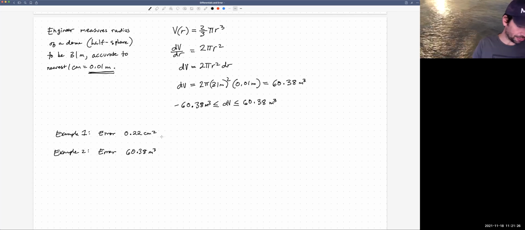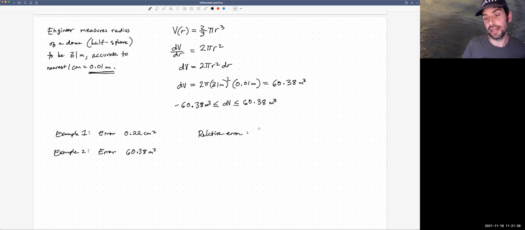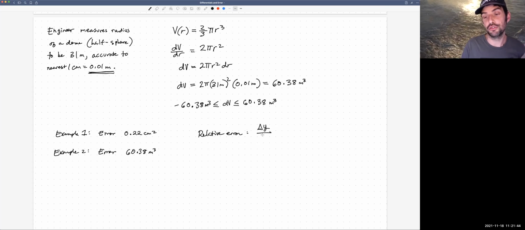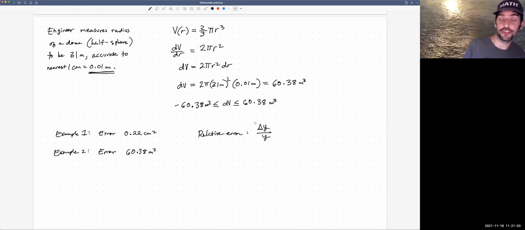We call this the relative error. So the relative error, we're going to compare the error to the measured value.